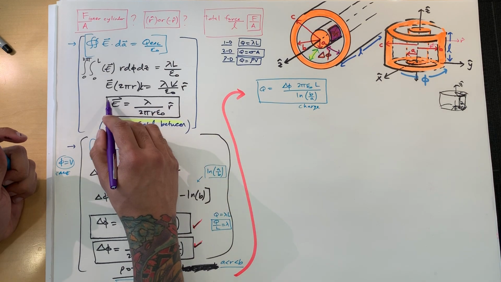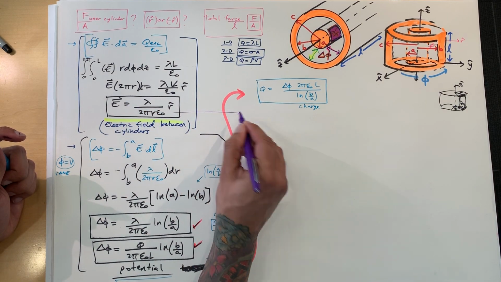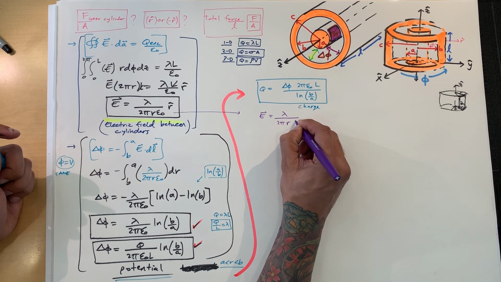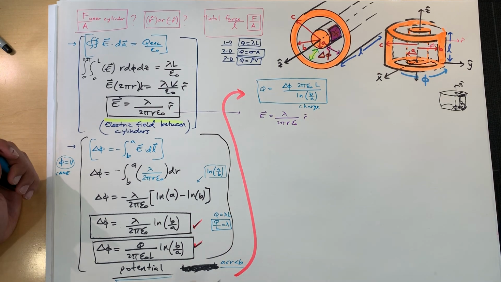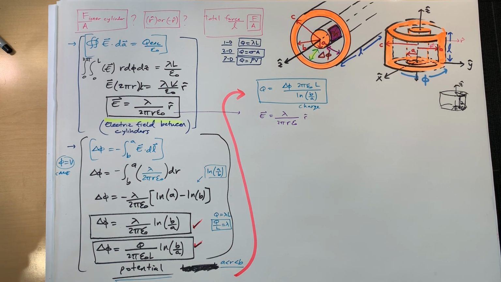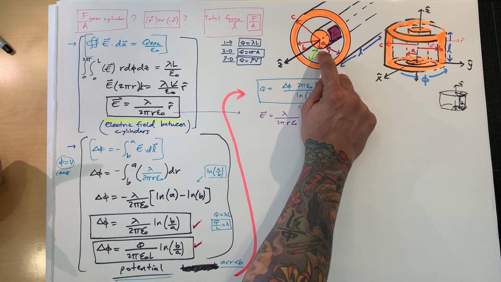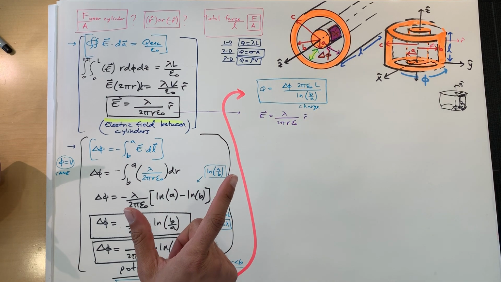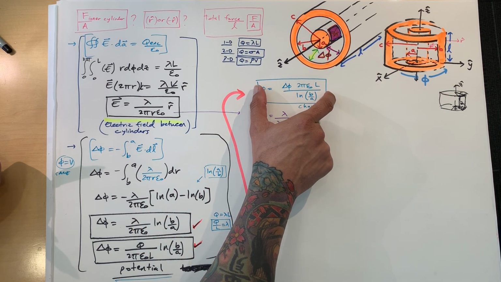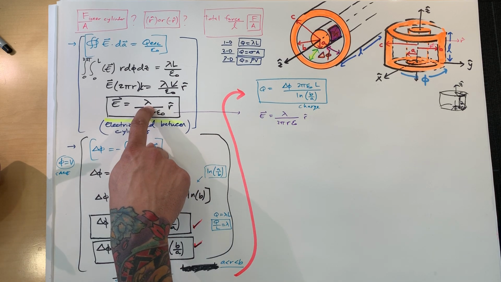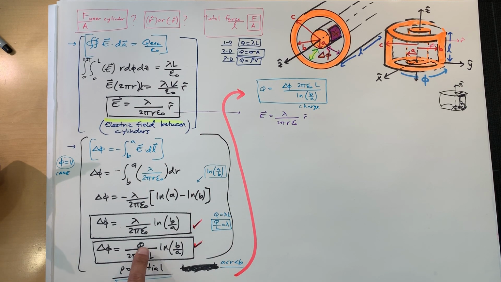We're going to use the electric field, so let's rewrite it here: lambda over 2 pi r epsilon naught, in the radial direction. But we're going to make some changes. We want the electric field of the inner cylinder, and this lambda right here can be represented again, like we did over here, as Q over L.